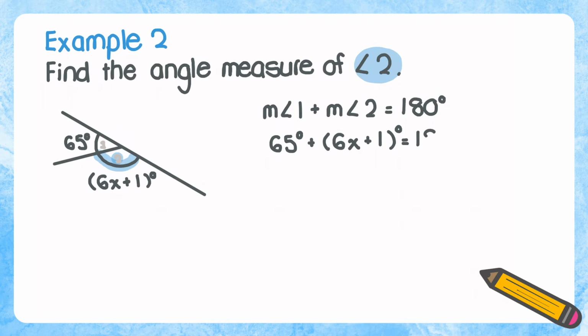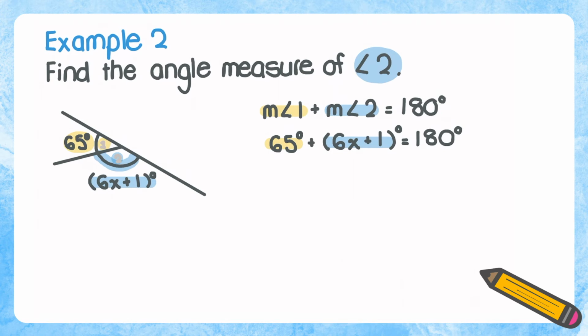And these two add up to 180 degrees. So in this step, I just replace the measure of angle 1 with the given 65 degrees, and the measure of angle 2 with the given 6x plus 1 degrees.